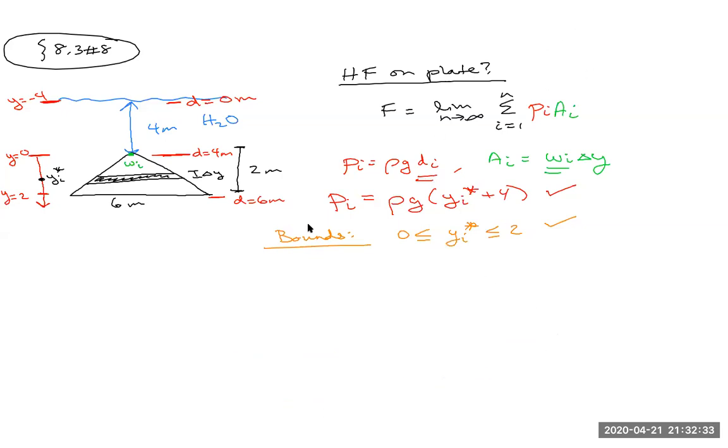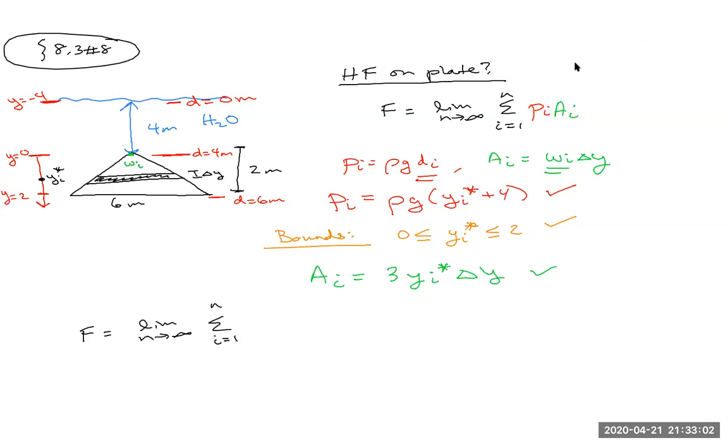Okay. So area of the ith strip will be 3 yi star delta y. So our force equals the limit as n goes to infinity, summation i equals 1 to n.